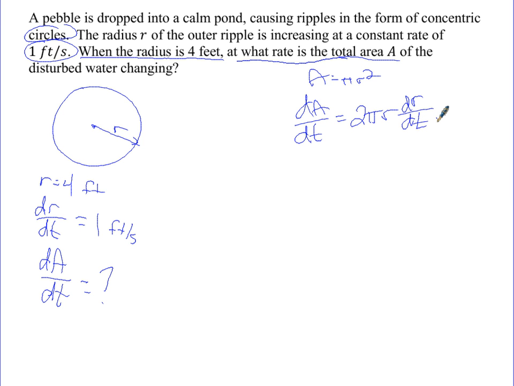Remember, you have to differentiate implicitly because the variables here do not agree. We are taking the derivative with respect to time. So every time you take the derivative of a variable, you have to include a d, that variable, over dt.